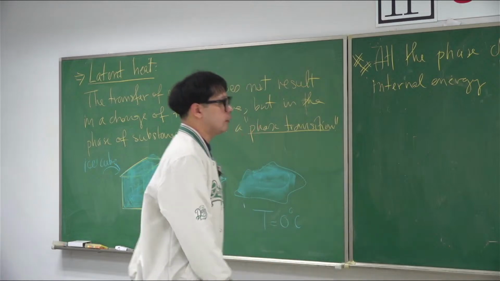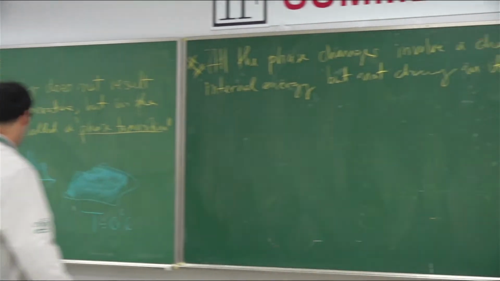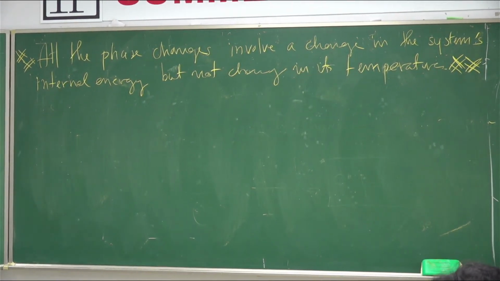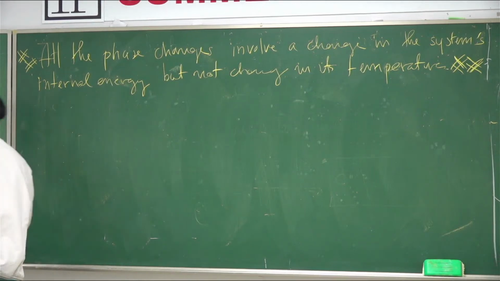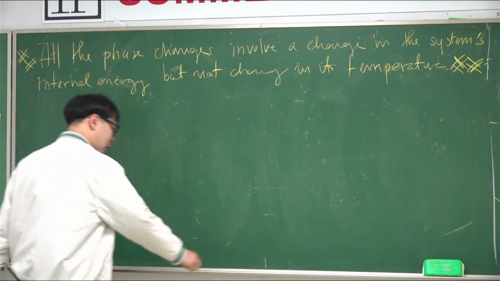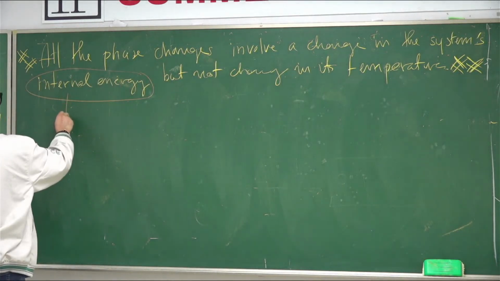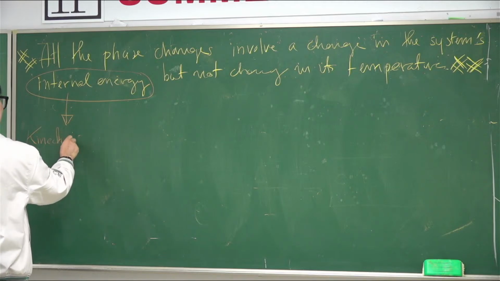So keep in mind that what happens here, when you put heat into your system, what changes is the internal energy. But what is the internal energy? The internal energy consists of the kinetic part, right?